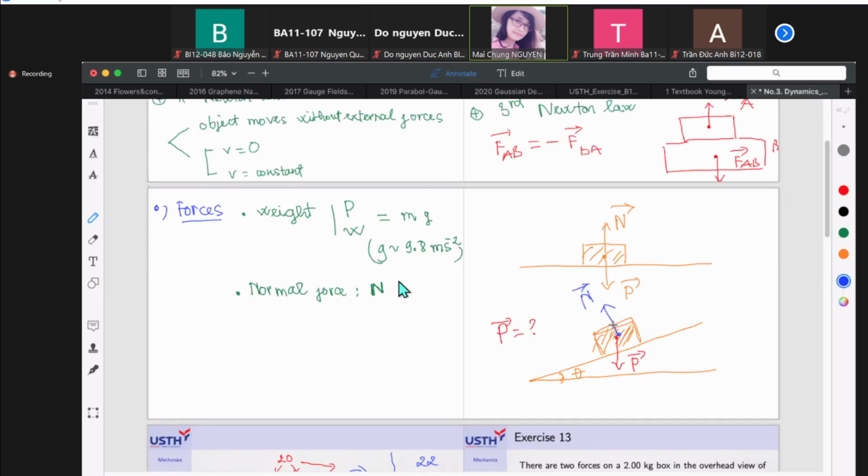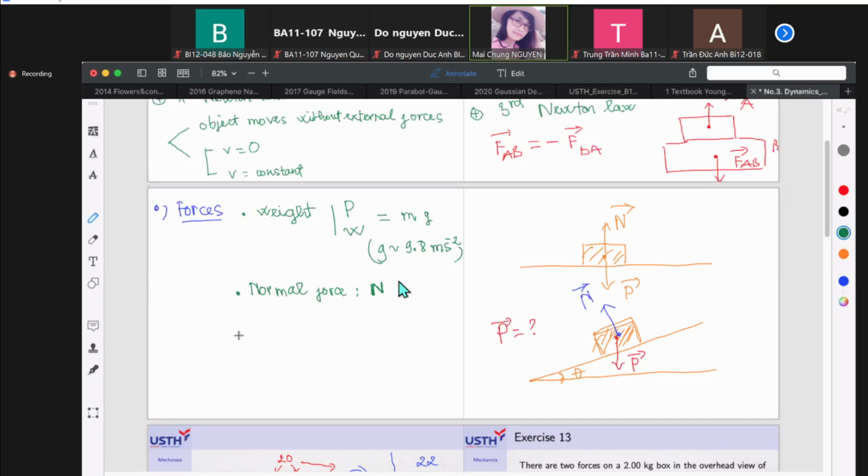We have the normal force here. It is very different if we consider the object on the table like this, or the object on the inclined plane. Is that okay? Got it? Hi guys, do you get it? Yes.